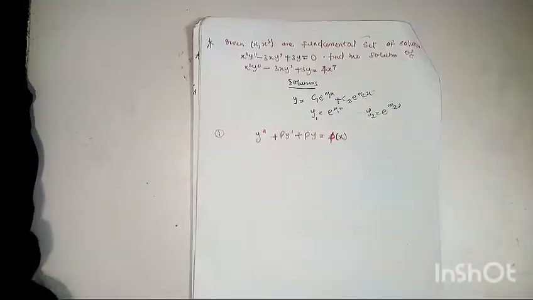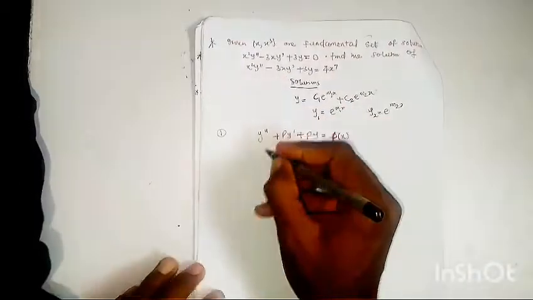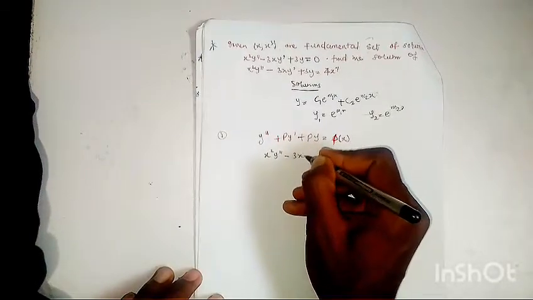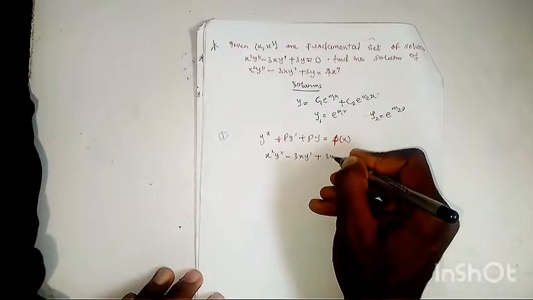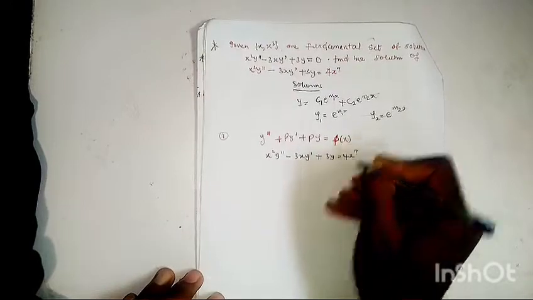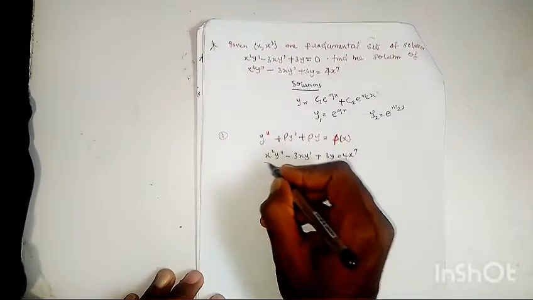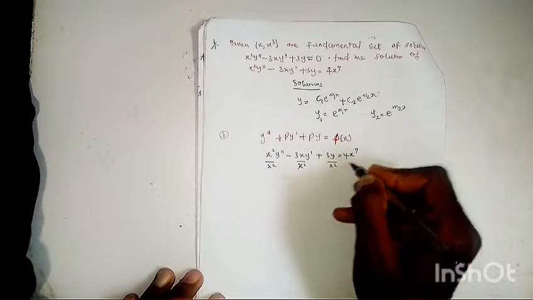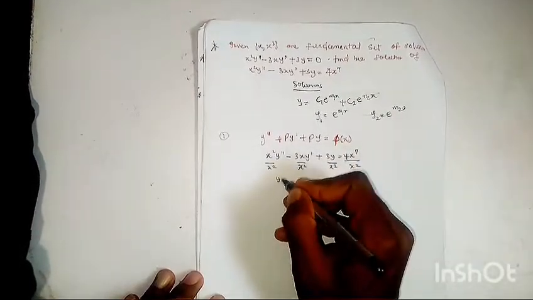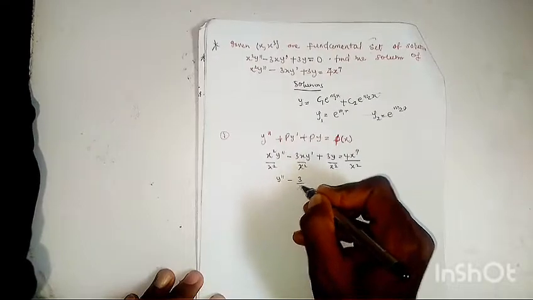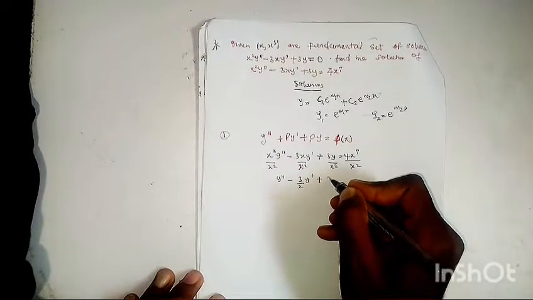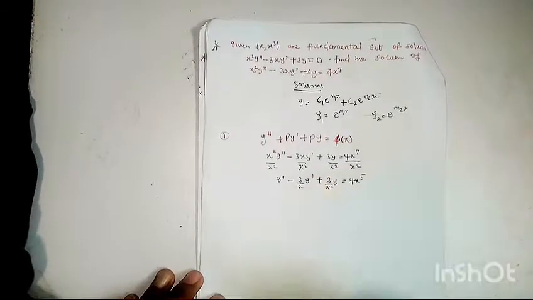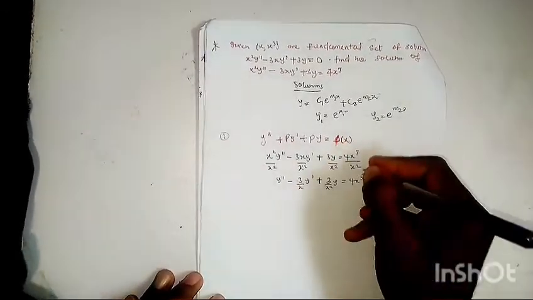Now we are given x squared y double prime minus 3x y prime plus 3y equals 4x raised to the power 7. You can see this does not match. So dividing both sides by x squared, y double prime minus 3 over x y prime plus 3 over x squared y equals 4x raised to the power 5. So this is the equation we're going to be working with.